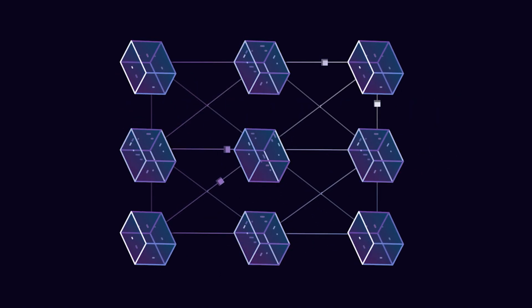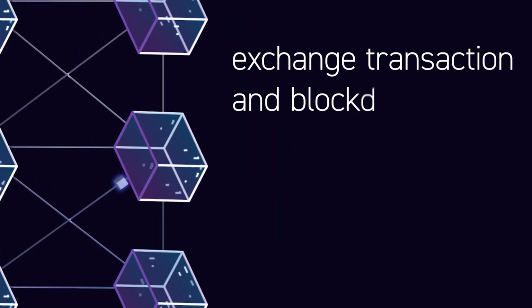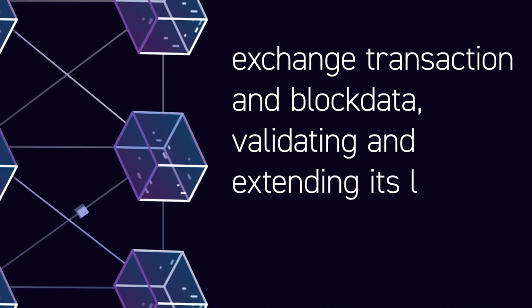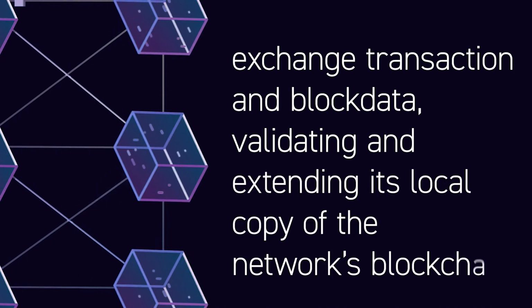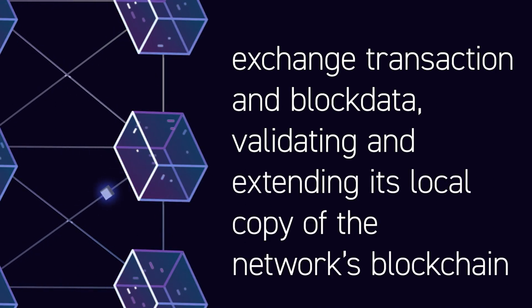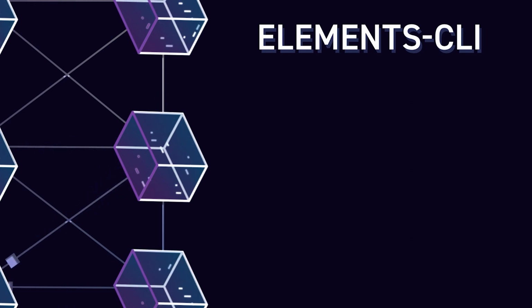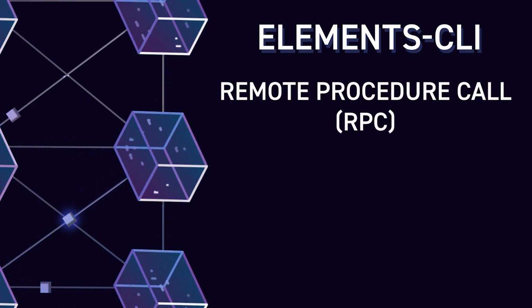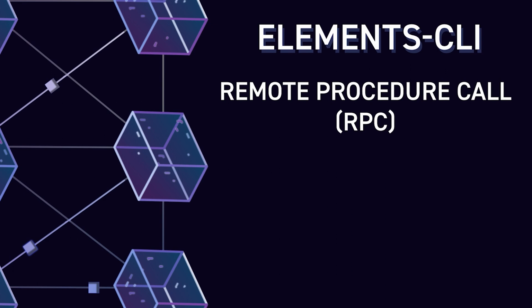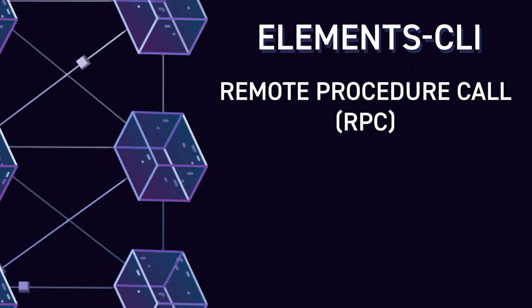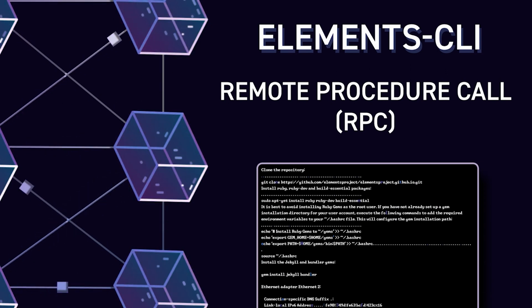The Elements daemon connects to other nodes on the network so it can exchange transaction and block data, validating and extending its local copy of the network's blockchain. The Elements software also consists of a client program called Elements CLI, which allows you to send remote procedure call, aka RPC, commands to Elements D from the command line.